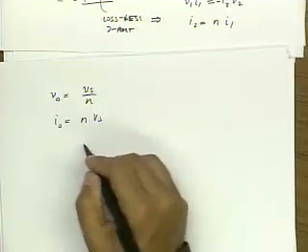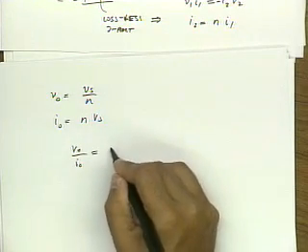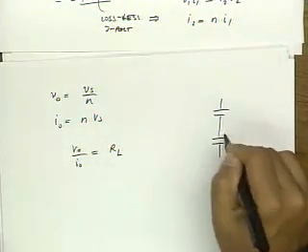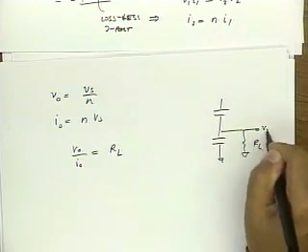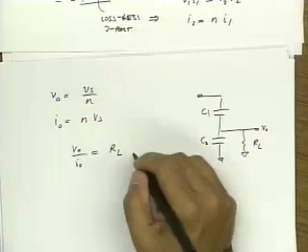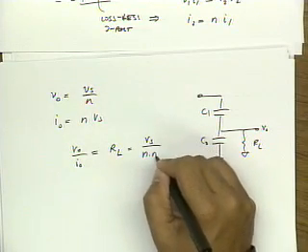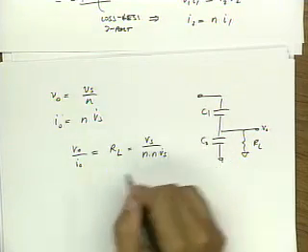So if I look at Vout over Iout, that's simply equal to RL. Let me redraw that here. But substituting here, it's equal to Vs over N times N Is.